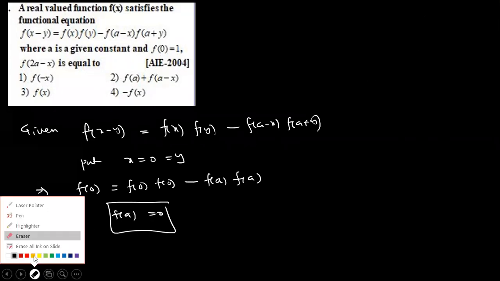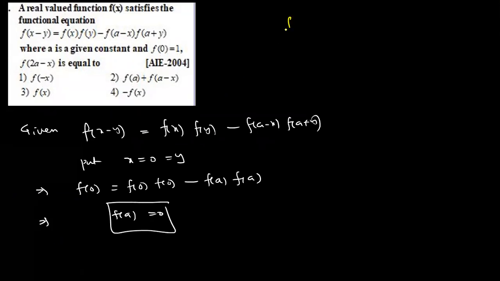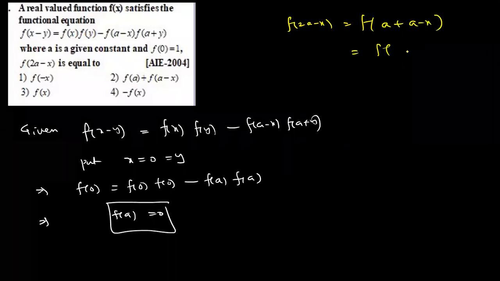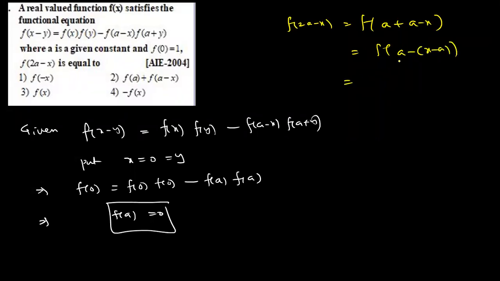Dear students, what I'm doing here, f of 2a minus x is there. How to write f of a plus a minus x? F of a plus (a minus x), that is a minus of (x minus a). So this is x, this is the y. You should understand. Now use this property.